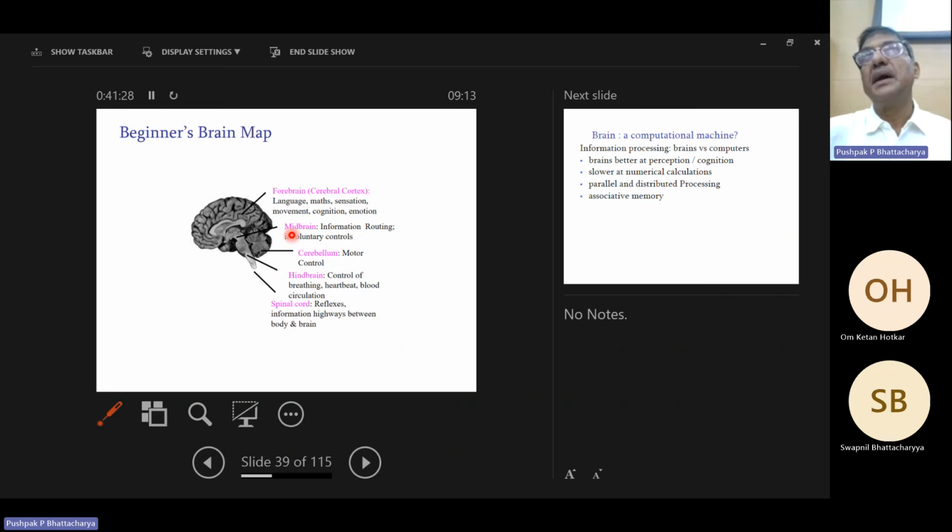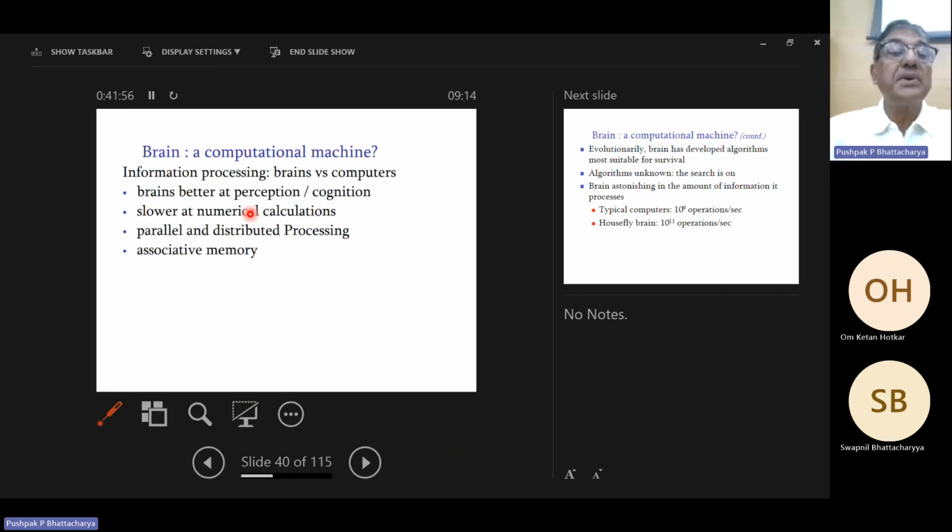So this is called the brain-gut axis. So the brain has these roughly big divisions: forebrain, midbrain, cerebellum, hindbrain, spinal cord. And the forebrain is what makes human beings humans. Fine arts, for example, mathematics, music, these are the functioning of the forebrain.